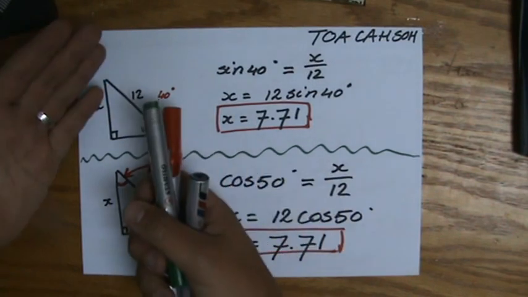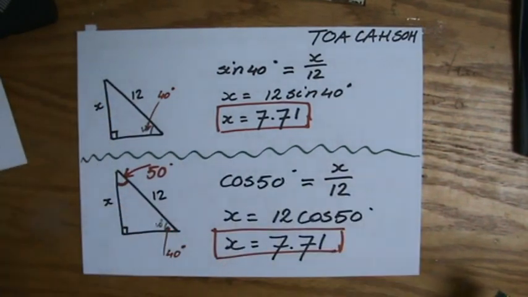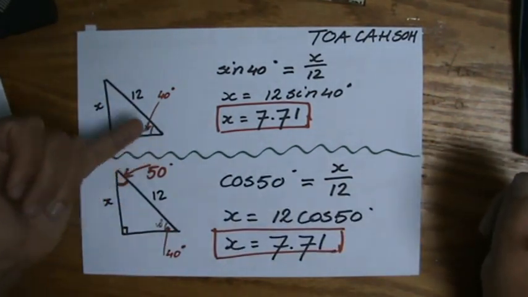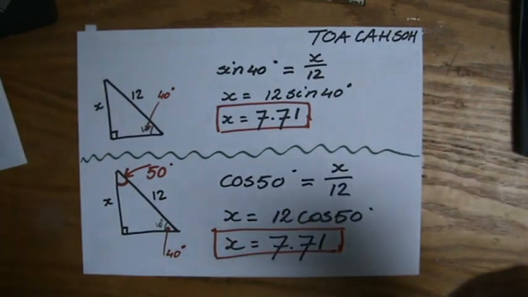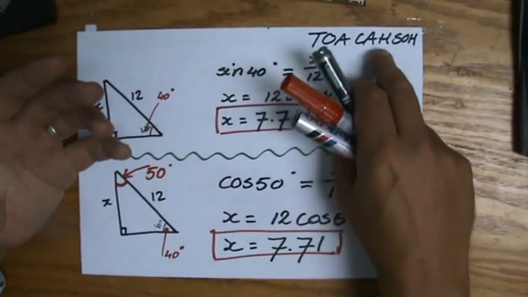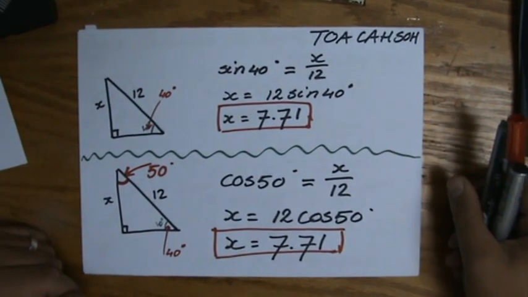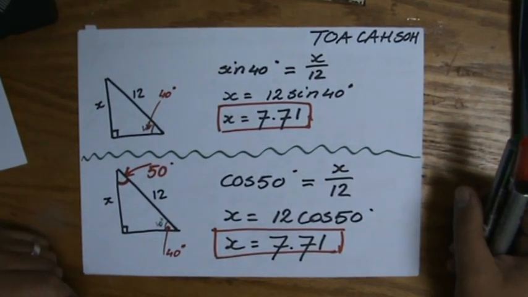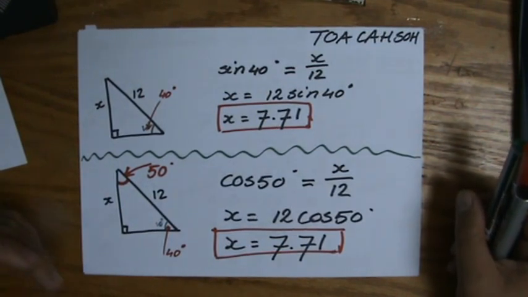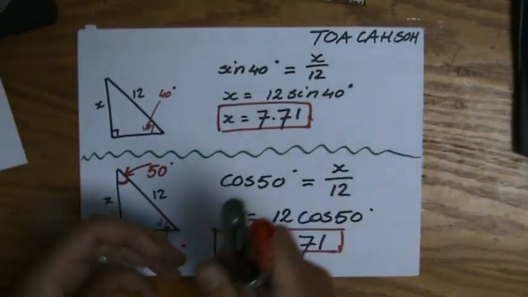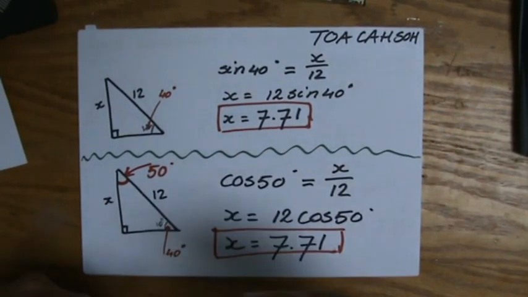Yeah, they give you a length, they give you an angle, you can always calculate the third length. Doesn't matter in which angle you are standing, as long as you pick the correct ratio, yeah, and you take care to determine which sides you want to find out and the sides they give to you. Either the hypotenuse or the opposite or the adjacent. I wish you all the best and try to have some fun at the same time.